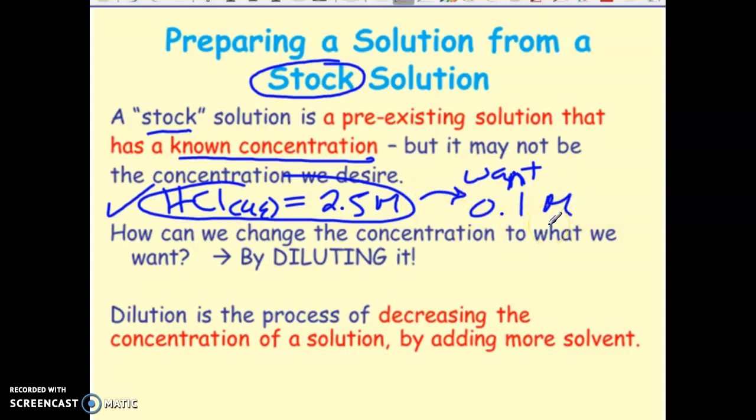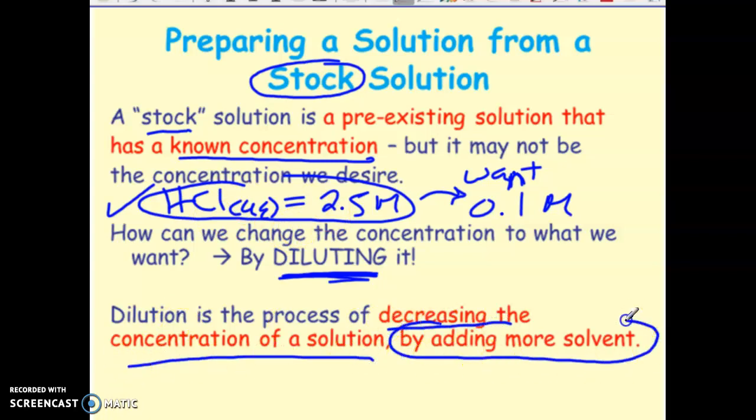So what we can do is take the solution we already have and dilute it. This is called a dilution process. Dilution is where you take your stock concentration, this thing that's already made, and we decrease the concentration, and we do that by adding more solvent.